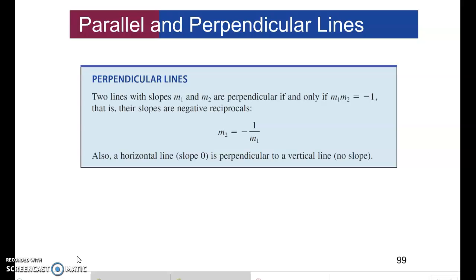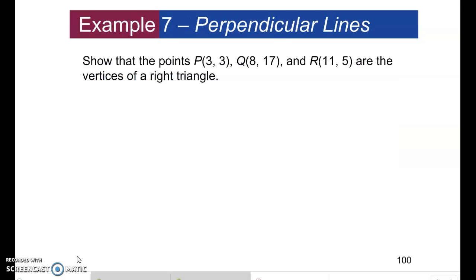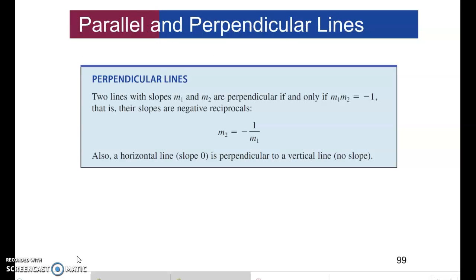When we are wanting to find the equation of a line that's perpendicular, in other words, forms a right angle with a given line, their slopes will be opposite reciprocals. So if one of them has a slope of 1/2, the other will have a slope of negative 2/1 or negative 2. The other way to look at that is that the product of their slopes, m1 and m2, will always equal negative 1.